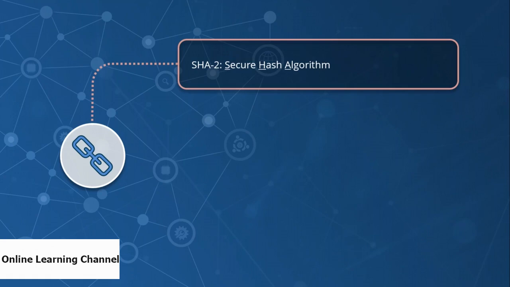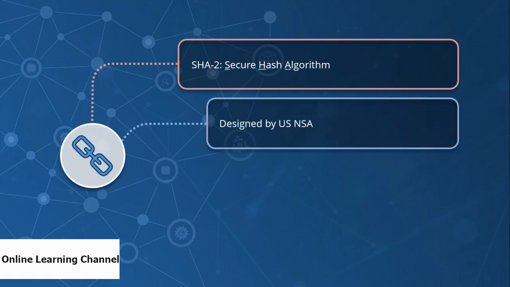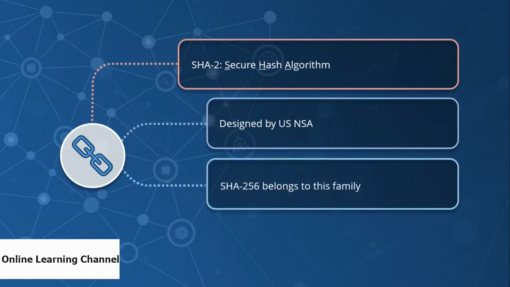This is something which was designed by the National Security Agency in the United States. So it is something which has been thoroughly researched and, at least as far as we know, has not been broken yet. So the SHA-2 is in fact a family of hashing algorithms, and the SHA-256 algorithm belongs to this family. It is available for anybody to use for free and is also the most commonly used algorithm in many blockchain implementations.